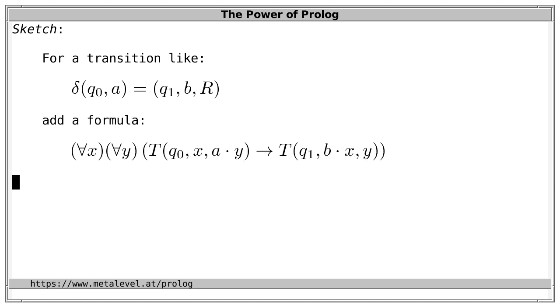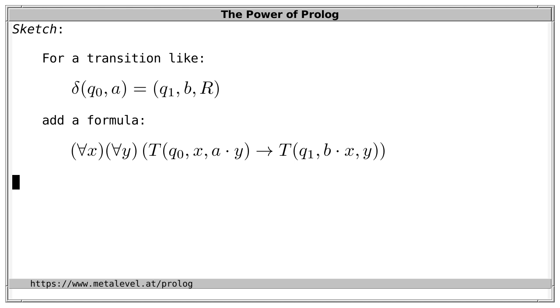So let's use a predicate T with 3 arguments. The predicate T shall be true if and only if the first argument is the current state of the machine. The second argument is the tape content that extends to the left of the tape head. And the third argument is the tape content that extends to the right of the tape head at the current time.